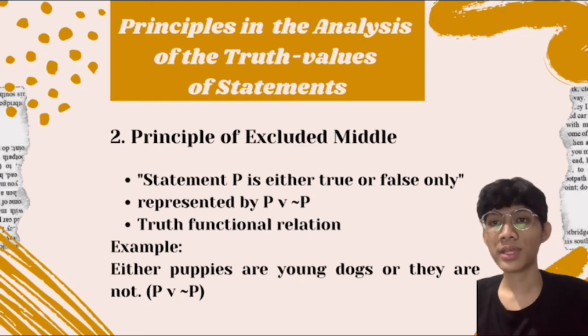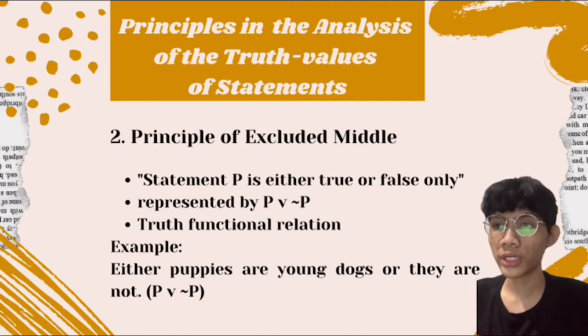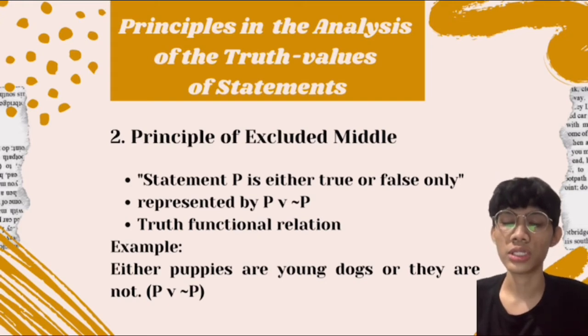A negated statement can be true or it can also be false. So in short, P or negation P is always true because in all possible substitutions of its truth values, the statement is true. This means that P or negation P is also a tautology.